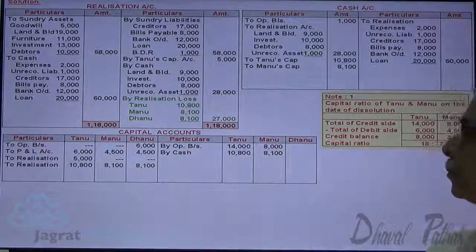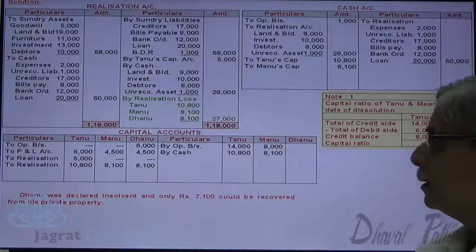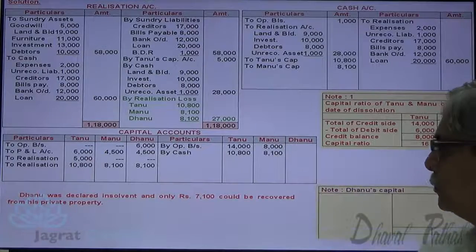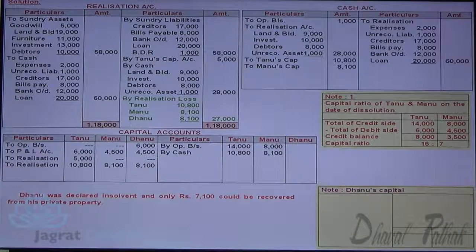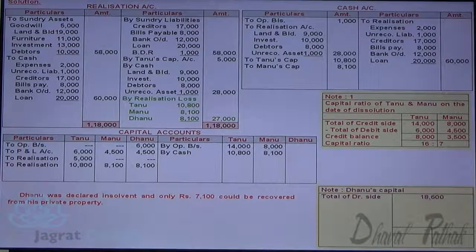Now, let us find out the capital deficit of Dhanu's capital account. For that, notice total of debit 6,000 plus 4,500 plus 8,100. That amounts to 18,600. Now there is nothing on the credit side of Dhanu's capital account.